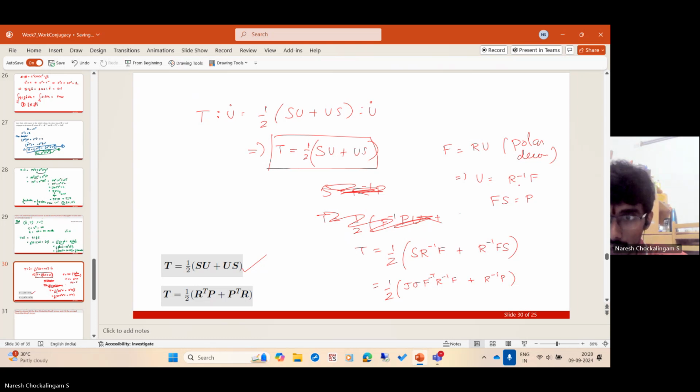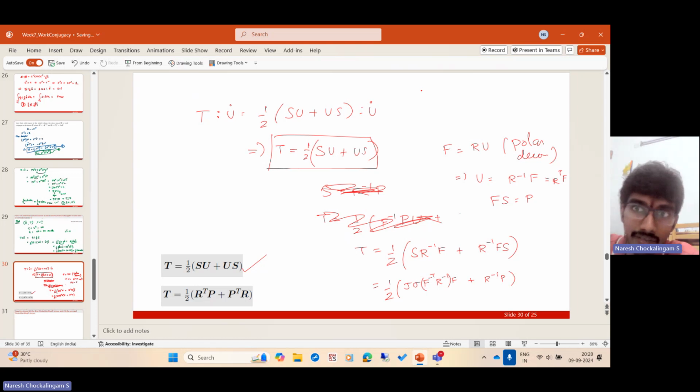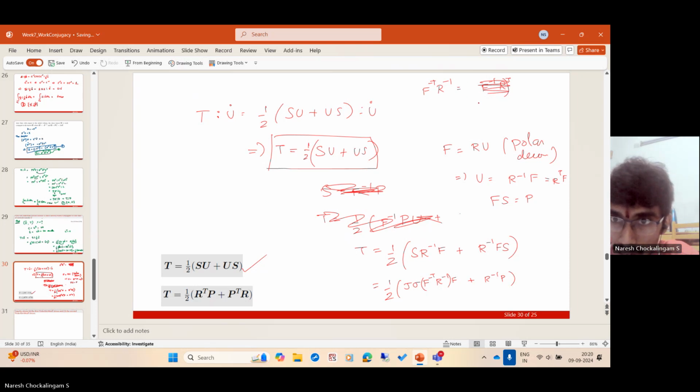So this is equal to R transpose F. And here you have this quantity, which is F inverse transpose R inverse, which is F inverse R transpose. Sorry. So this is actually F inverse transpose R inverse. This is R F inverse the whole transpose.